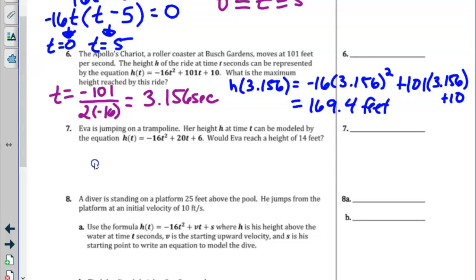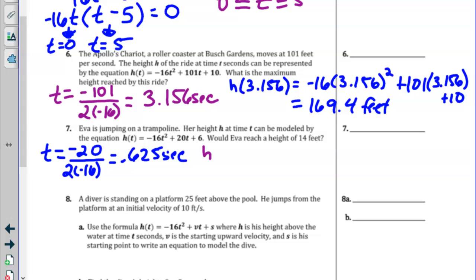How do we find the maximum? Everybody knows now? The vertex. Very good. So we're going to do t equals negative 20 divided by 2 times negative 16. And what will I get there for the time it takes to reach our maximum? 0.625. Very good. Once you find the time it takes to reach the maximum, what do you do?